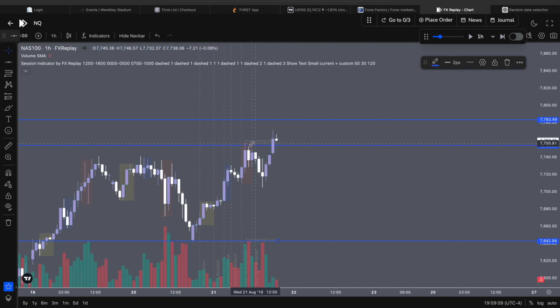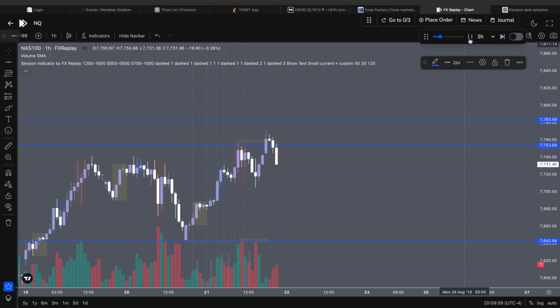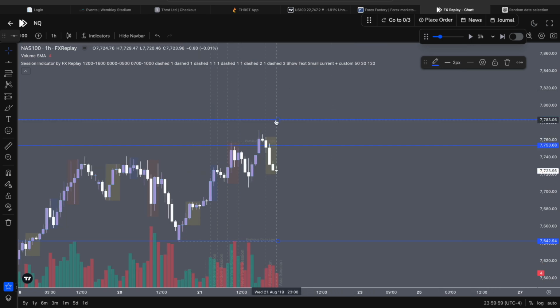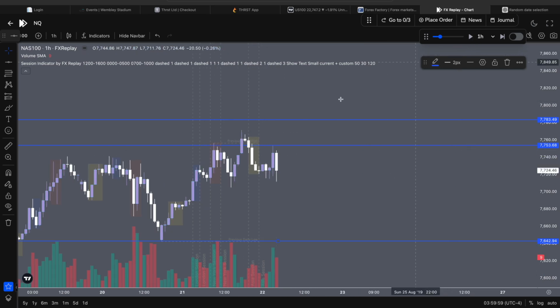We already took out this previous day high. There's still one high left here. Actually, this is the previous day high, because it was still Wednesday at this point of time.